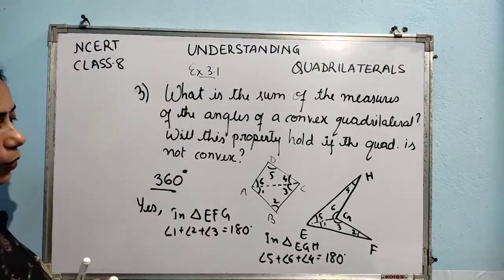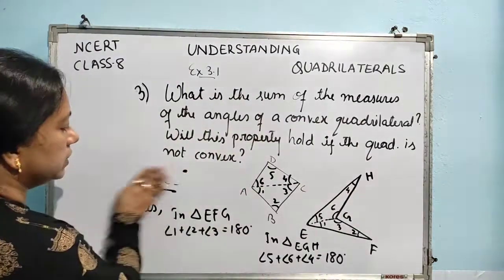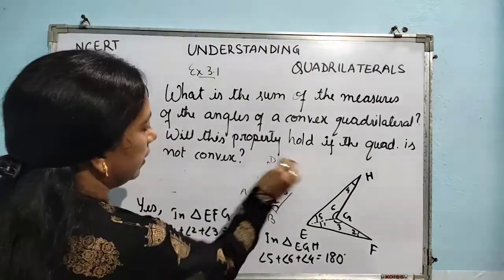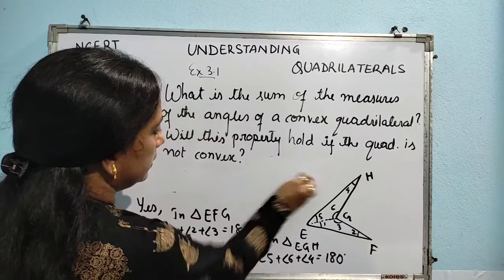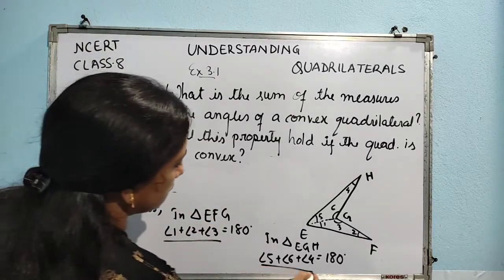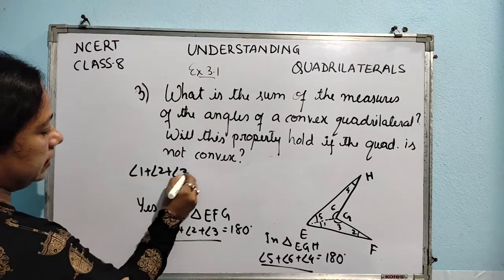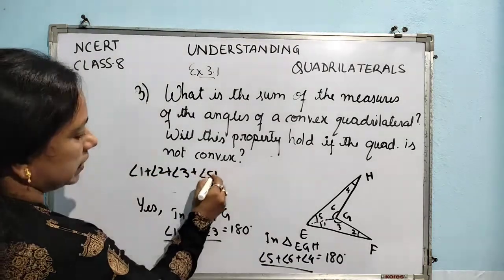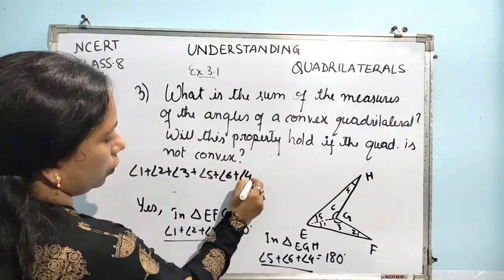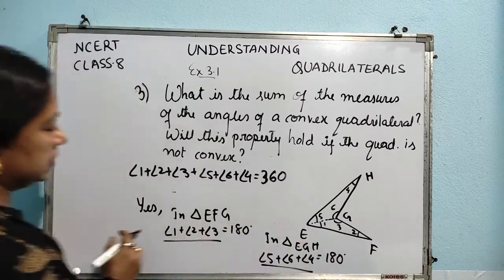By angle sum property of triangle. Now from these two equations, this is one equation, this is one. I am adding both the equations, 1 plus 2 plus 3, and here 5 plus 6 plus 4, so these two, 180 plus 180, 360 degrees.